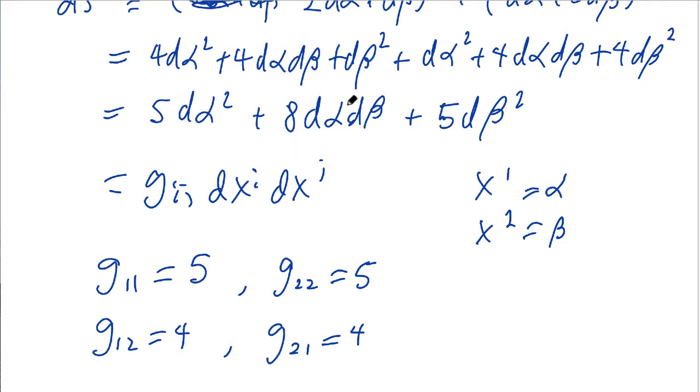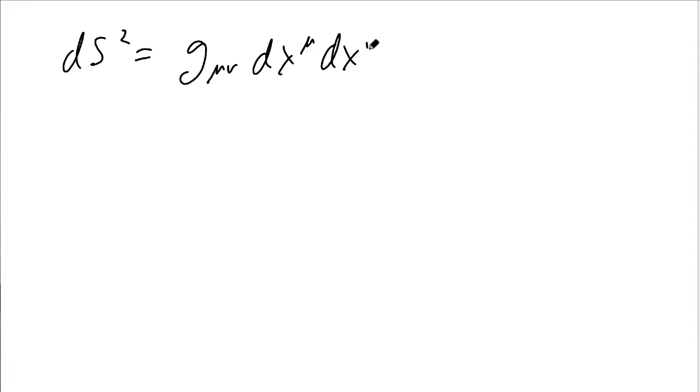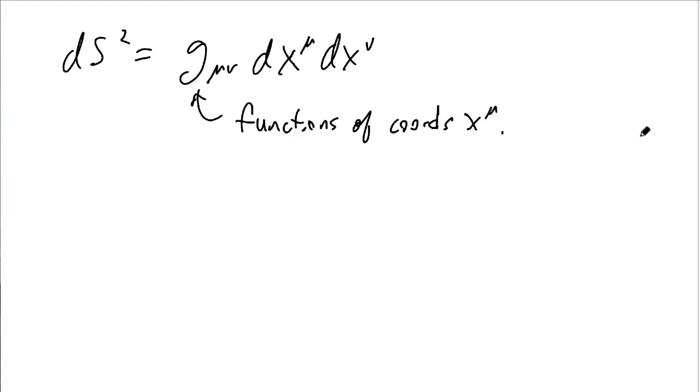So we can now write the line element for a general spacetime as ds squared equals g mu nu dx mu dx nu, where these coefficients are, in general, functions of the coordinates, the x mu's.